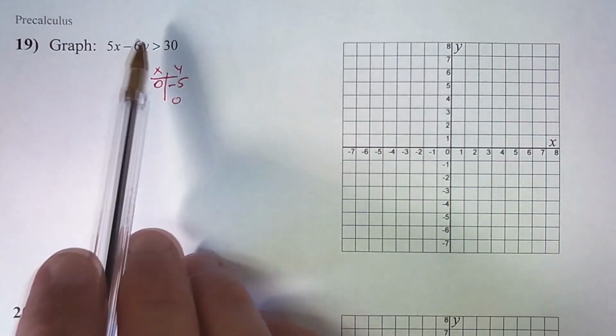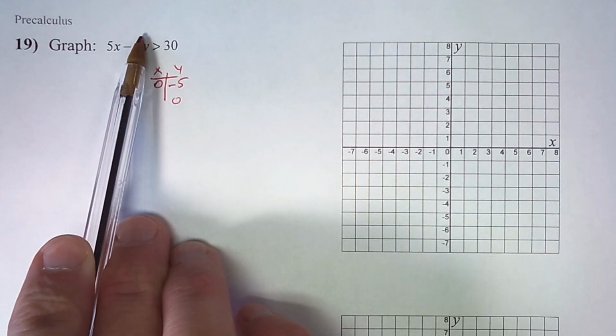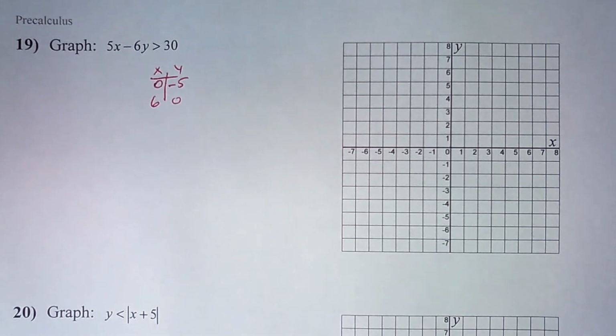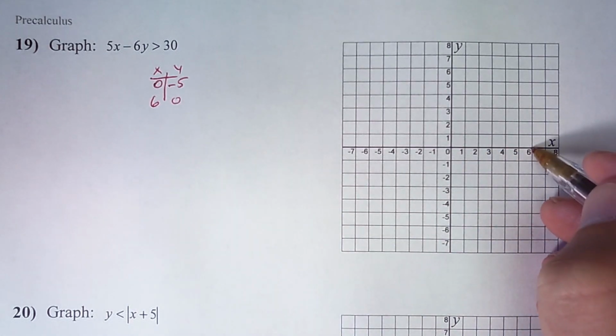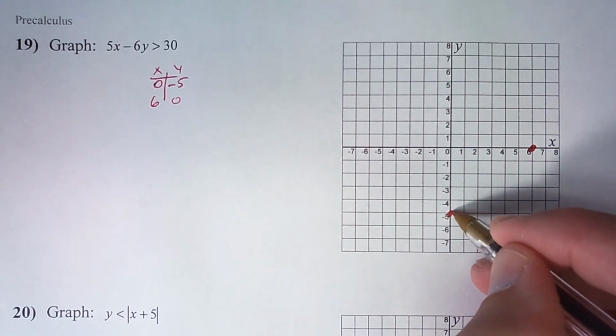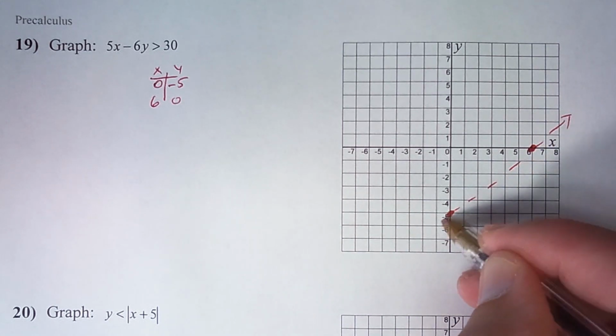And when I put in a 0 for y, I can just cover up that y value. I get 5x is 30, and I divide by 5, and I get x is 6. So I have an x-intercept at 6, 0, and a y-intercept at 0, -5. And I know that this is going to have to be dotted.